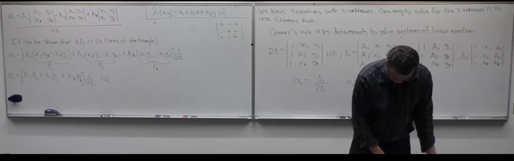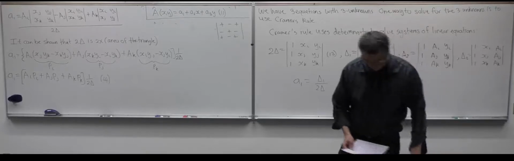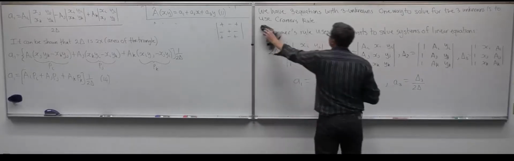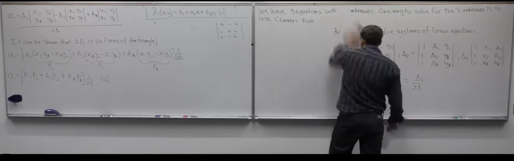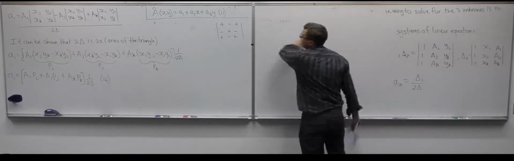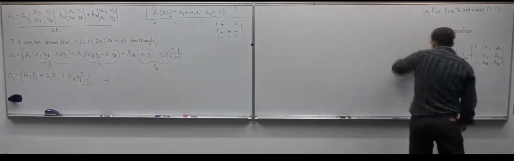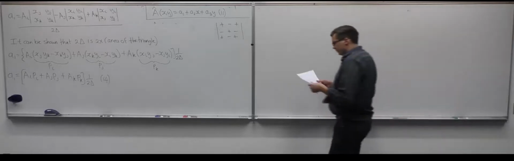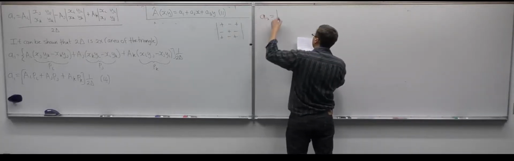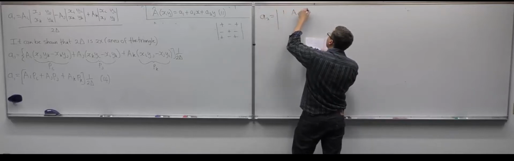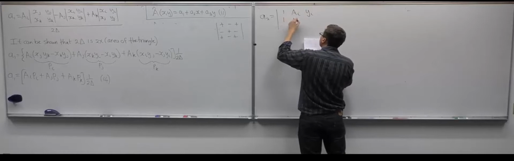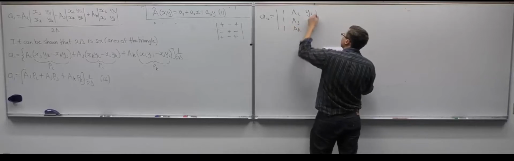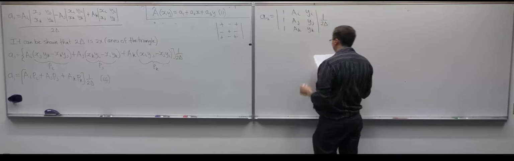So A2. Let me erase this. A2 is equal to, we need to evaluate the determinant 1 a_i y_i, 1 a_j y_j, 1 a_k y_k, multiplied by 1 over 2 delta.